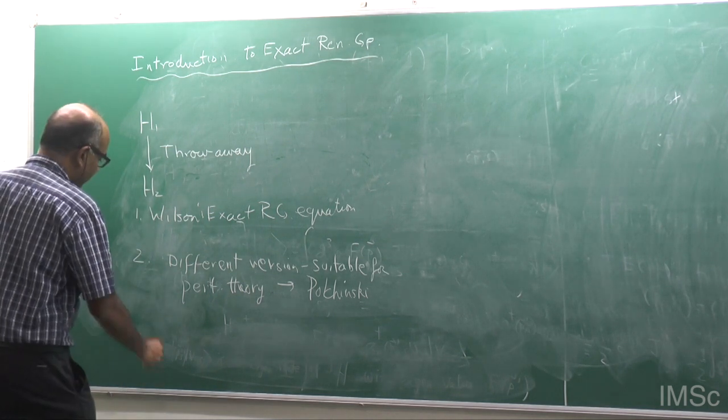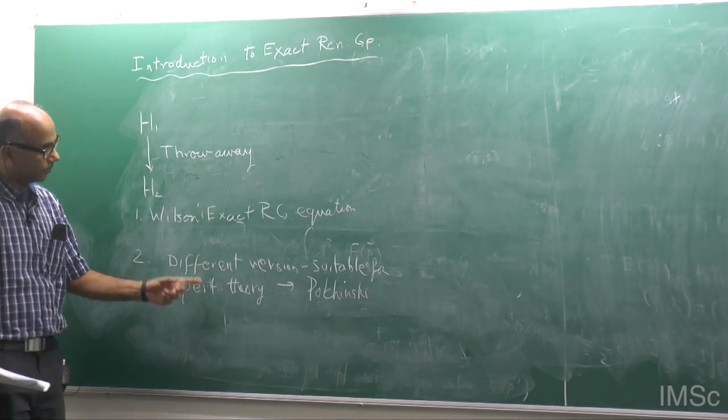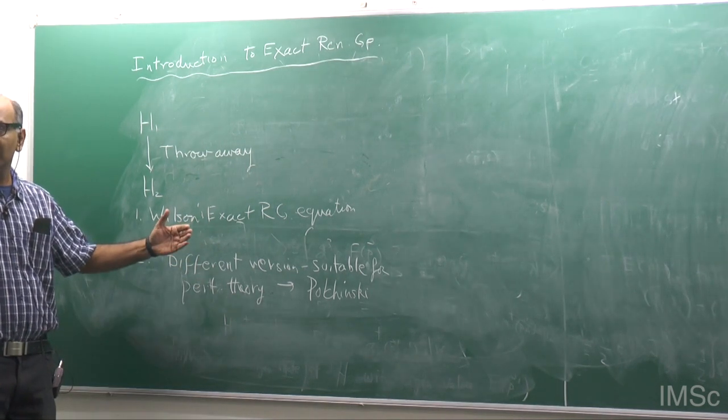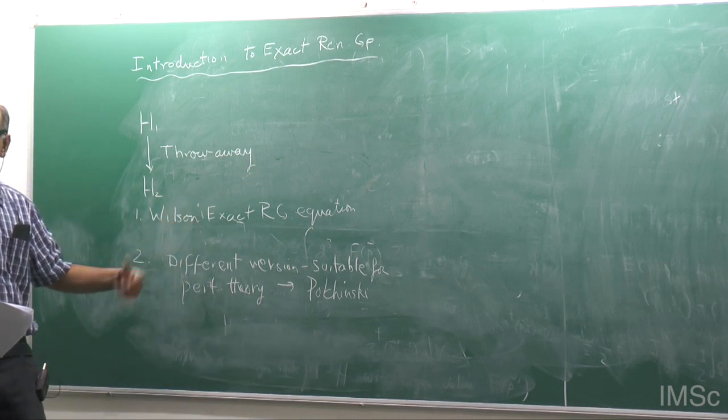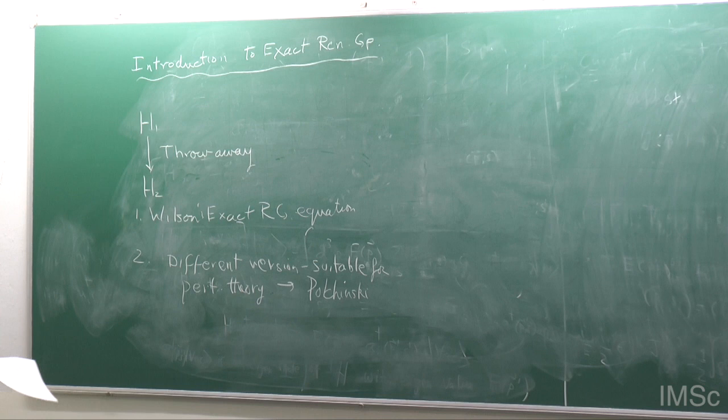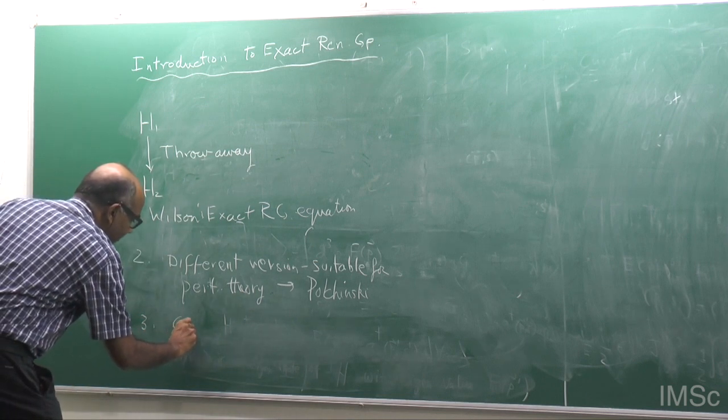And then I'll talk about how you solve these equations. By solve, I don't mean write down a full solution, but write down an integral representation of this, which will explain some of the features. Then I'll talk a little bit about the notion of composite operators.